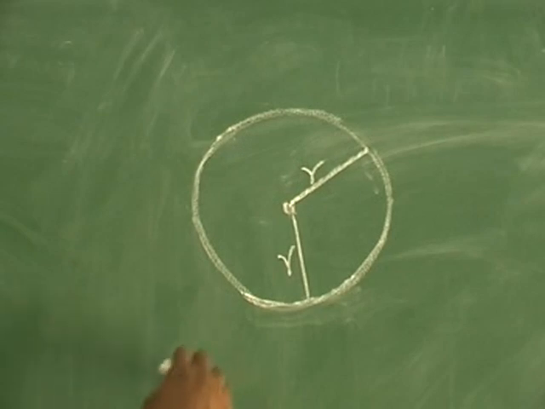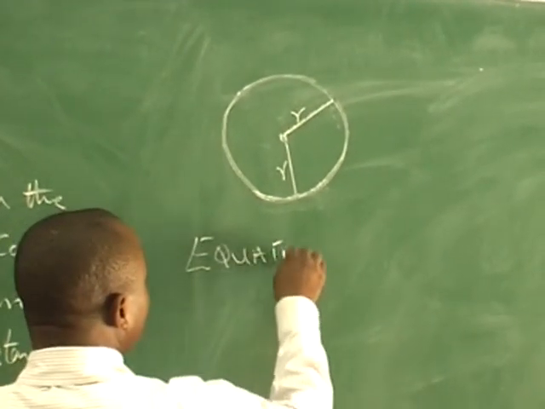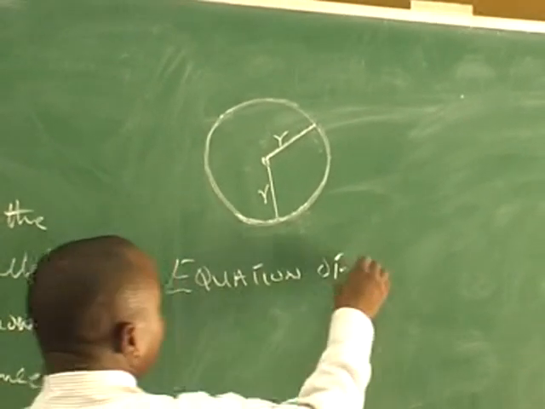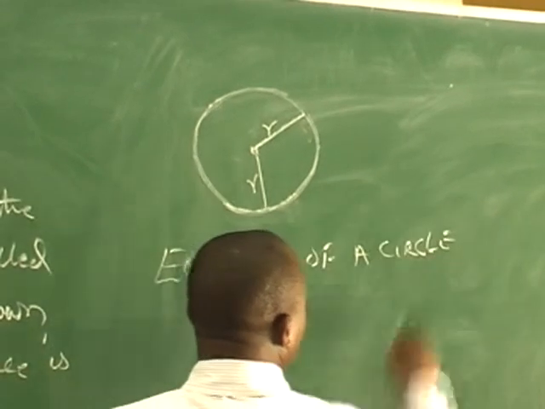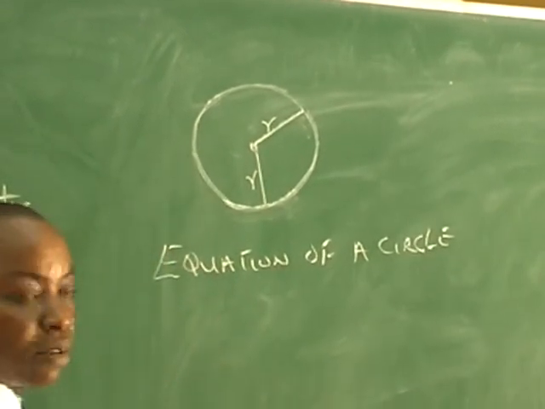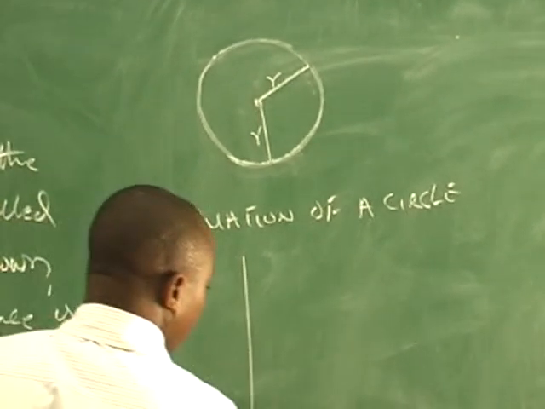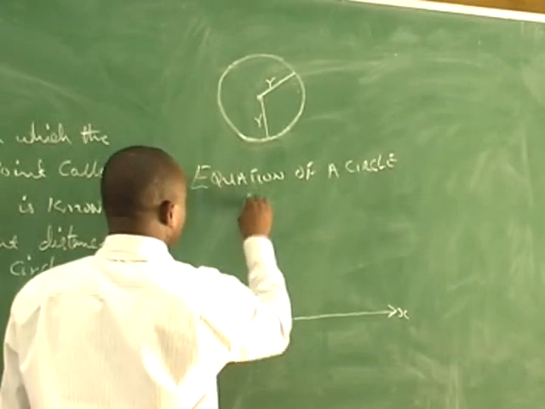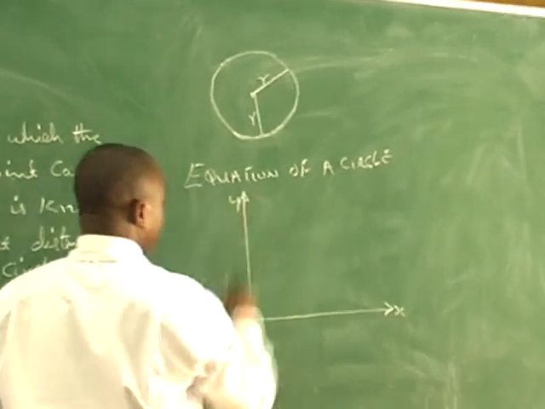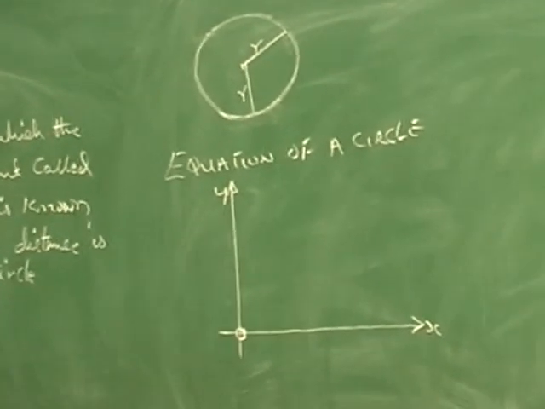Alright. Now let's find out the equation of a circle. We are going to use the Cartesian coordinate to explain this equation of the circle. We know that this is the origin.